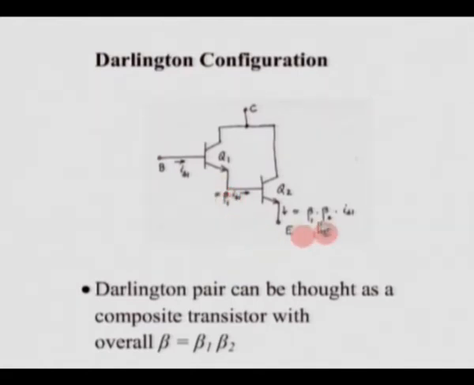Therefore, even though we assumed the compound device to have the same beta, in an actual situation the beta 1 would be much smaller. So, this is a very troublesome situation, and we need to have a solution for this.